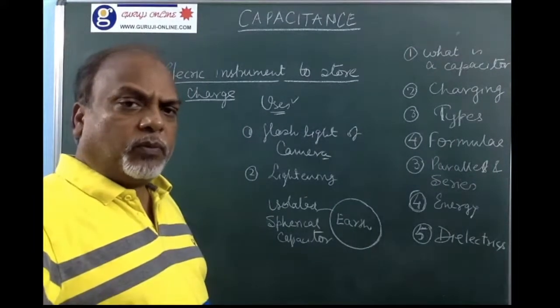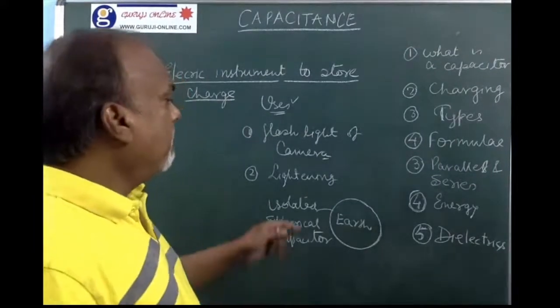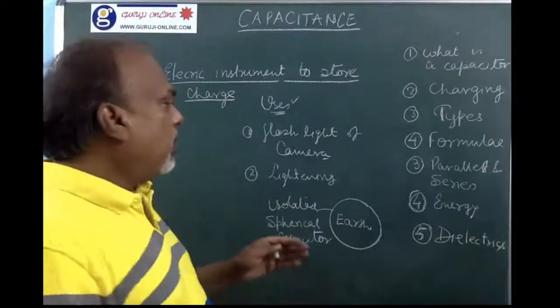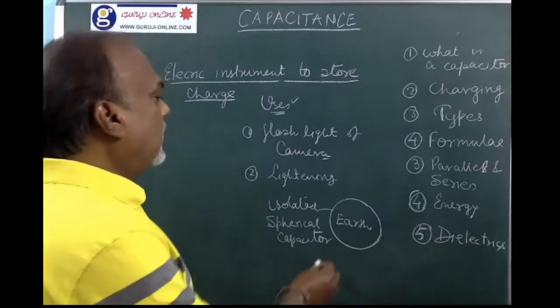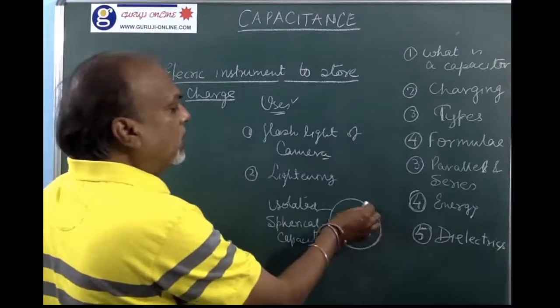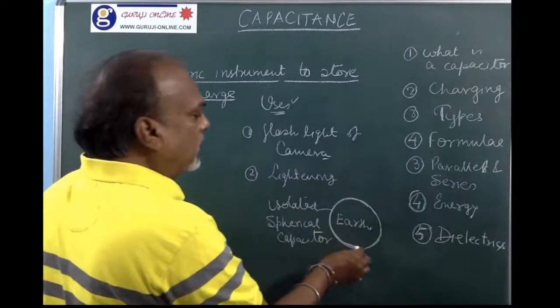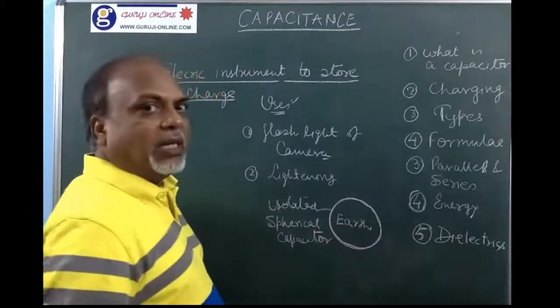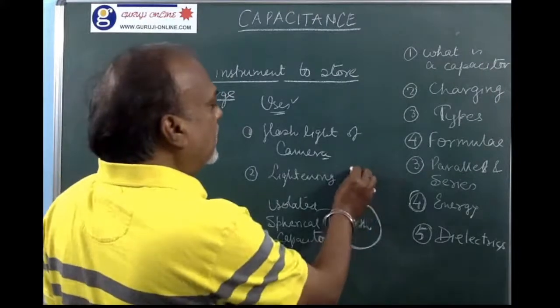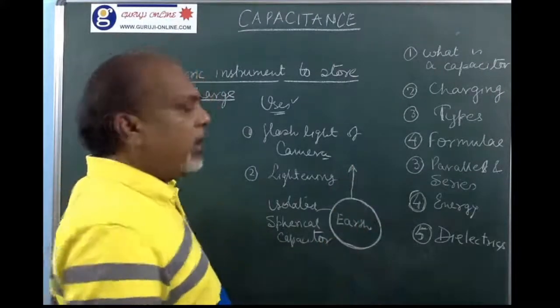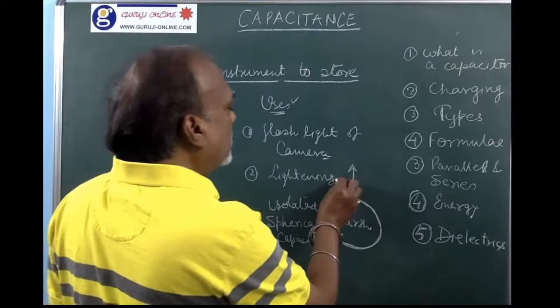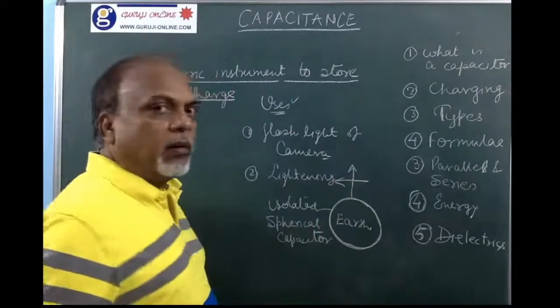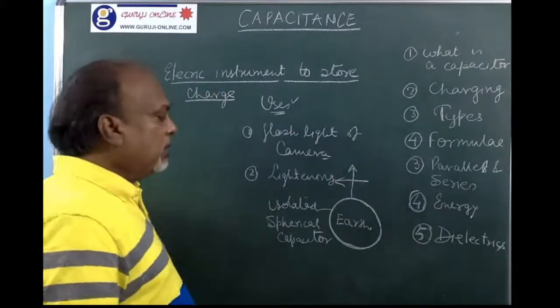So when there is a storm and all, the charge of this earth discharges in the atmosphere, and due to this lightning occurs.